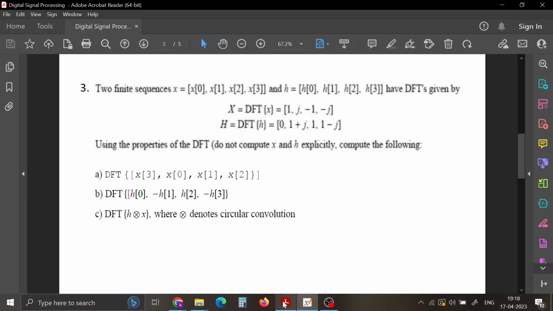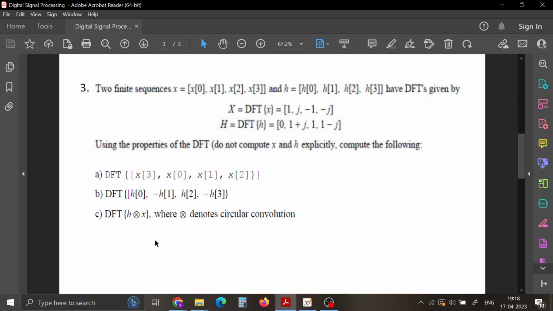Now for this you don't need to first find h and x, then take their circular convolution, and then find the DFT. That's not how you do it. It will become too lengthy and complicated. The process is not to do all the computations explicitly.